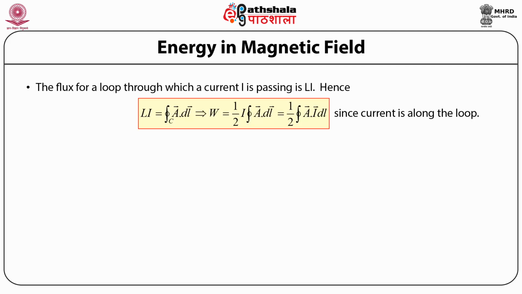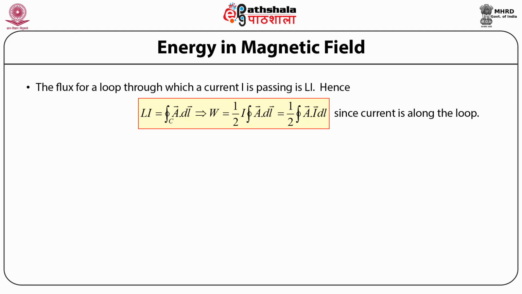And using this definition, we can substitute it in the expression that we defined above for the work done, or the energy stored in the magnetic field. So we can replace the self-inductance times the current with the expression that we obtained in terms of the vector potential.